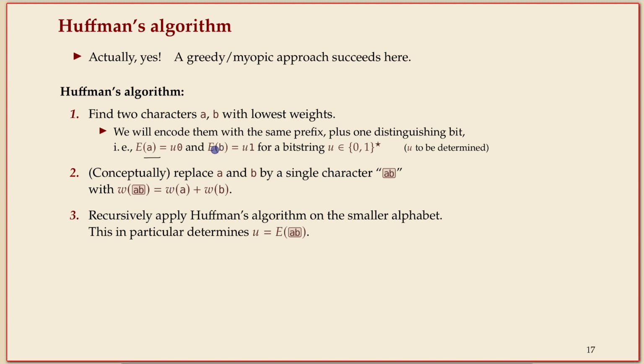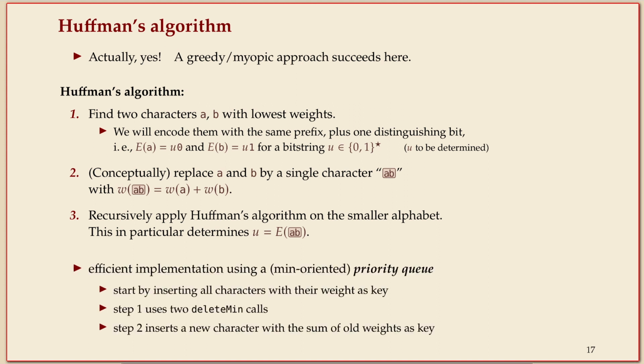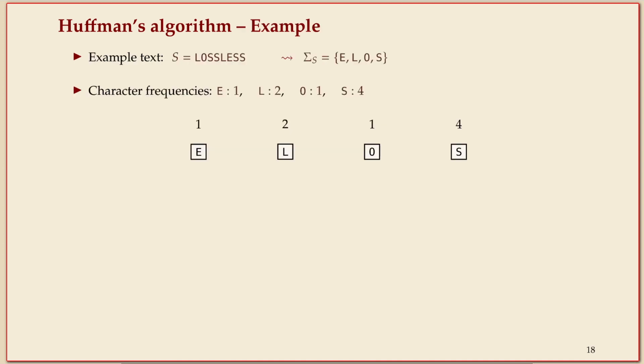We took two characters out and one u in, that's still a -1 in total. So if we keep doing this, we will eventually end up with a single character, and then we can stop. Let's talk about how to implement that after the example.